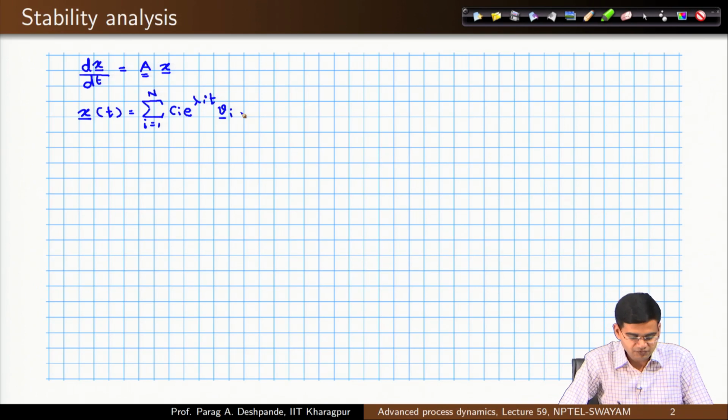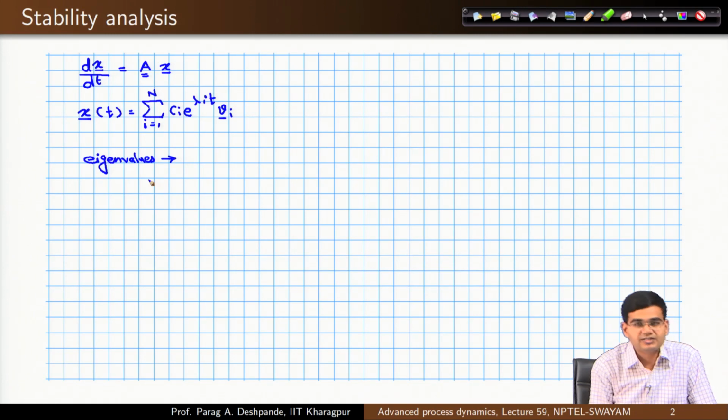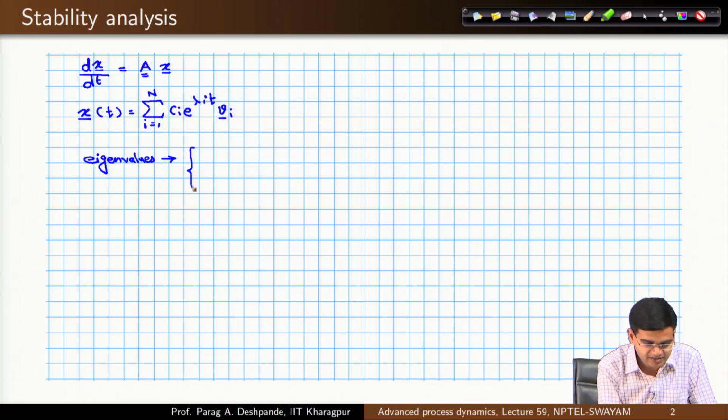So, what you basically do is you list out all the eigenvalues, and what are the two major categories in which the eigenvalues may fall? They may either be real or they may be complex.